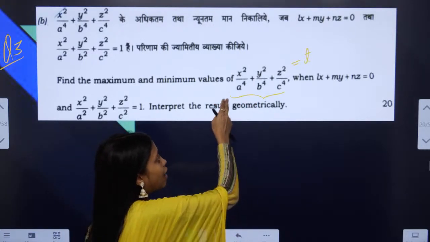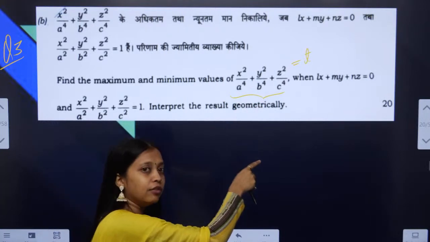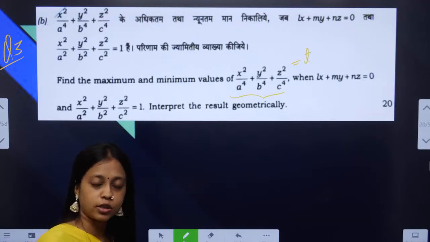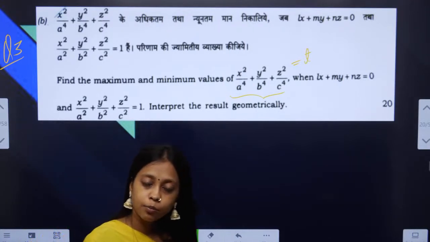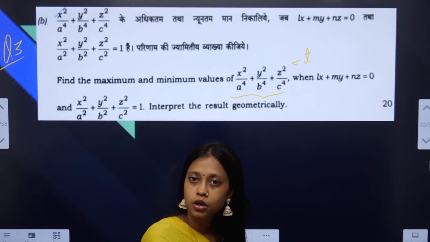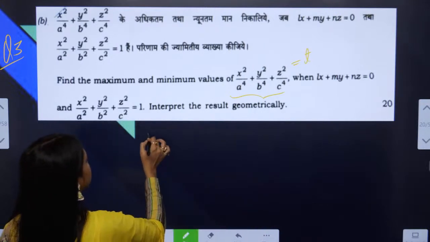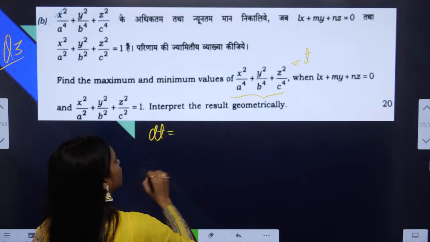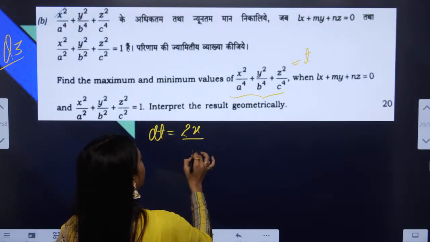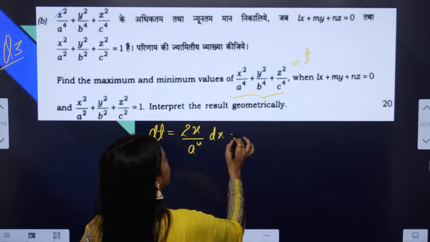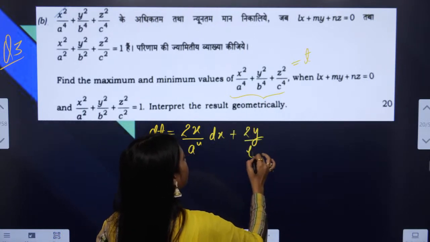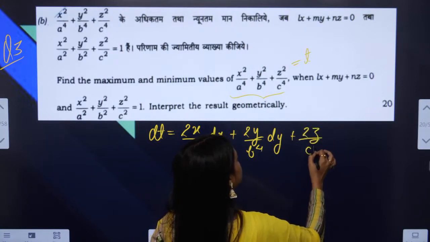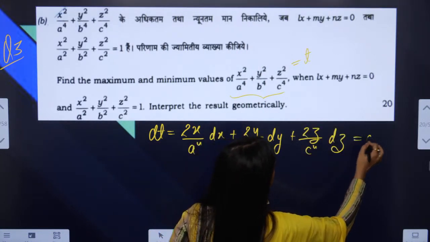So how to calculate? T is given, you have to minimize or maximize t, put dt equal to 0, right? So what is dt? dt is actually 2x upon a raised to the power 4 dx plus 2y upon b raised to the power 4 dy plus 2z upon c raised to the power 4 dz, equated to 0.